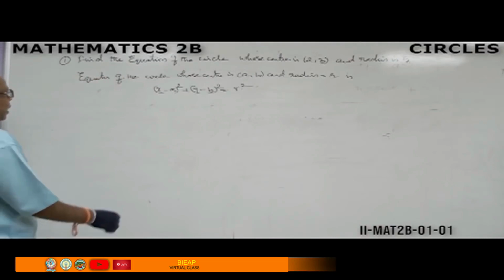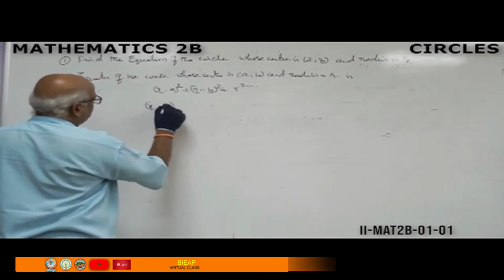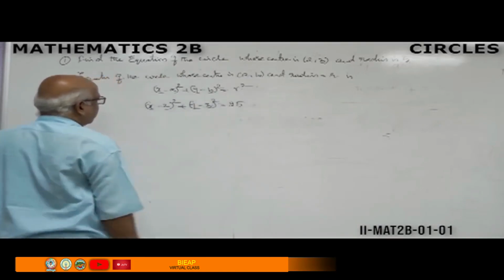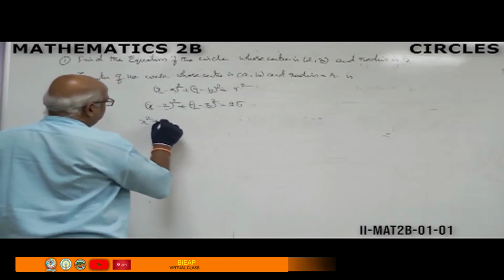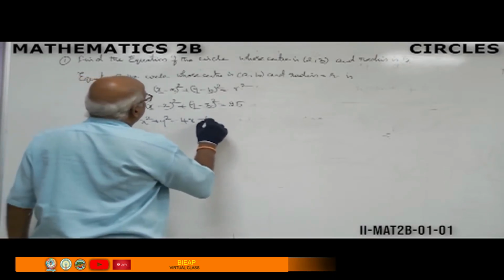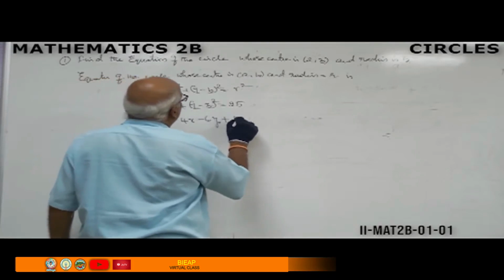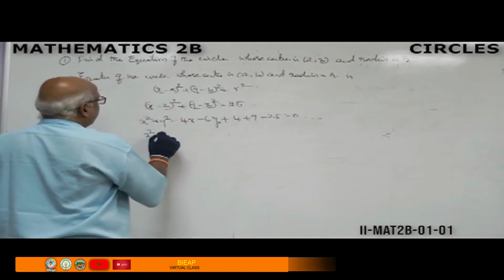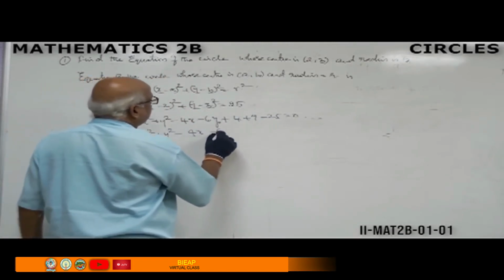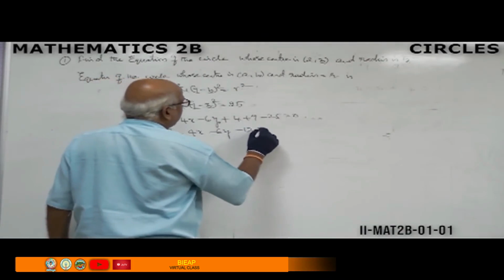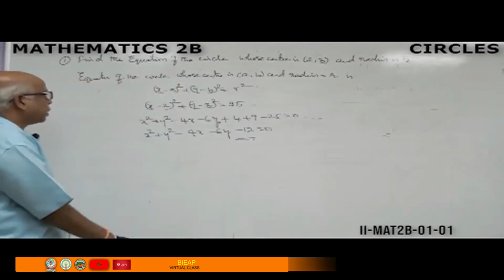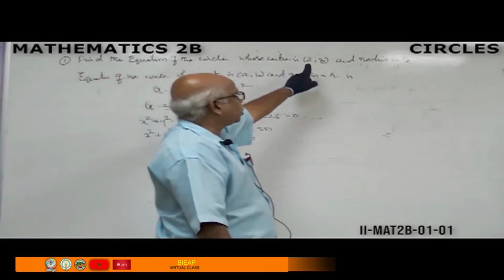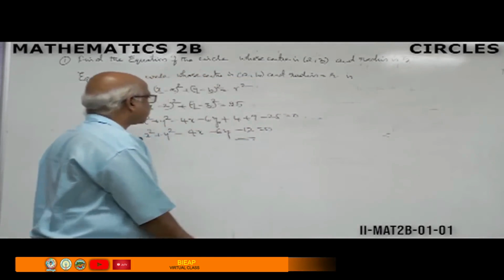The a value is 2, the b value is 3. (x minus 2) whole square plus (y minus 3) whole square equal to 5 square, that is 25. x square plus y square minus 4x minus 6y plus 4 plus 9 minus 25 equal to 0. x square plus y square minus 4x minus 6y minus 12 equal to 0. That is the equation of the circle whose center coordinates are (2, 3) and radius is 5.